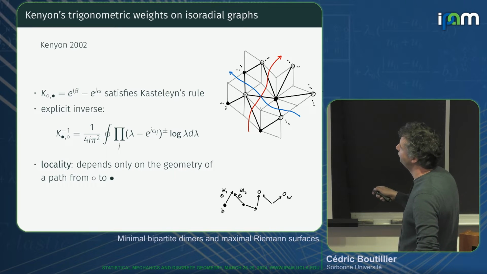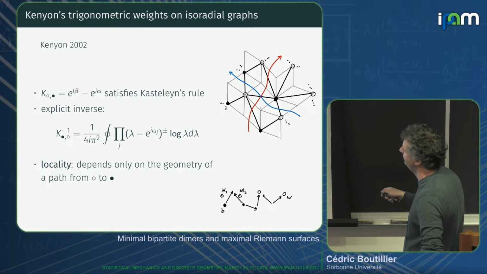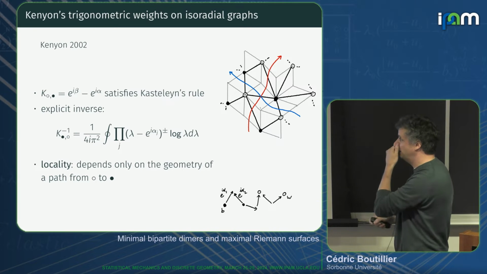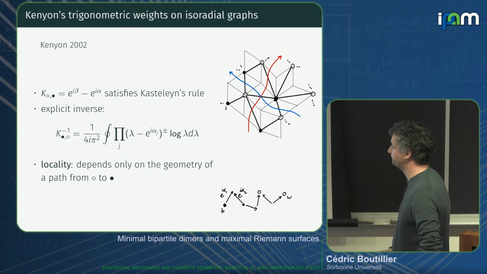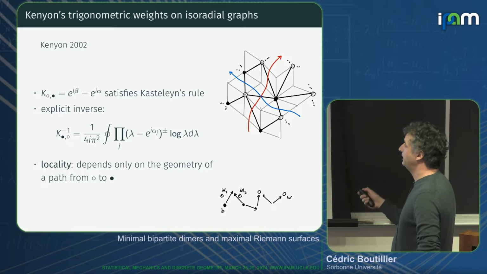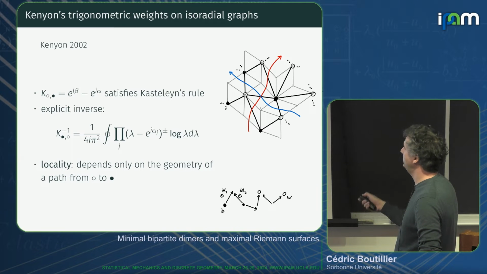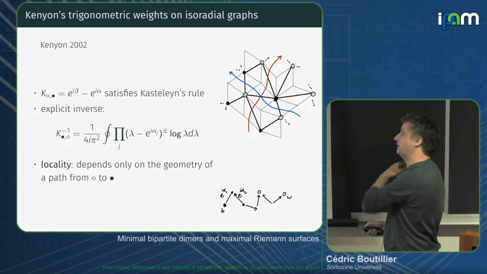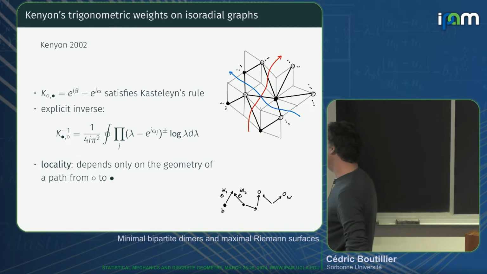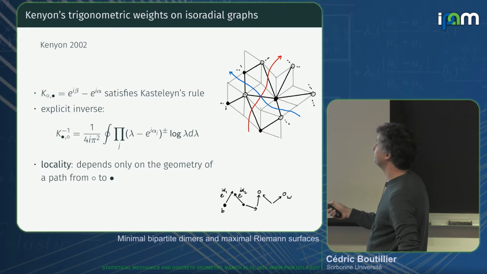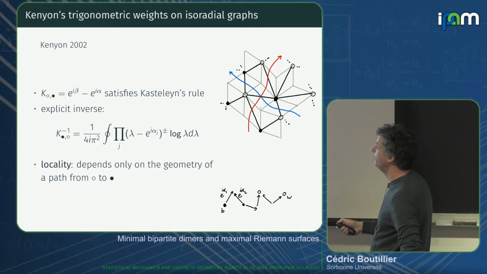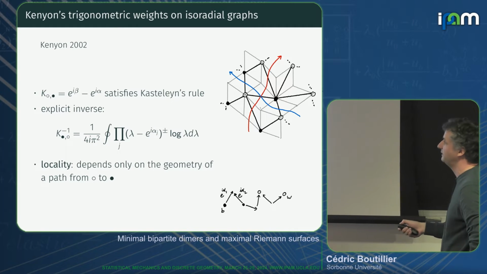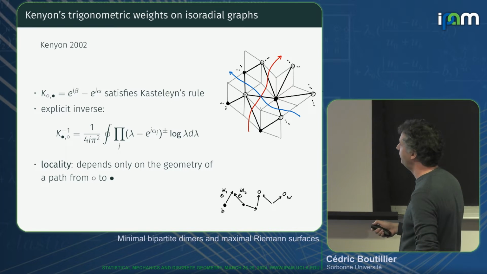So I can draw a circle of radius 1, which will pass through all these vertices. So this is why it's called isoradial. And I want also my graph not only to be isoradial like this, but also to be bipartite. And Kenyon gives a formula for something that turns out to be a Kasteleyn operator.